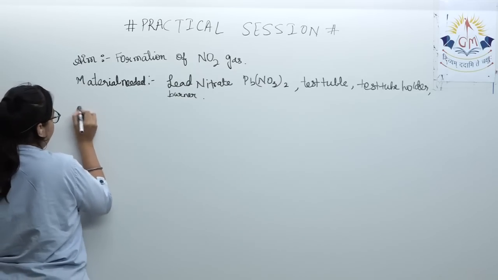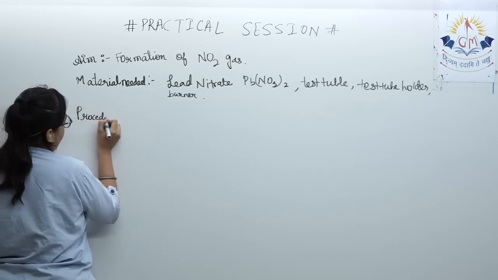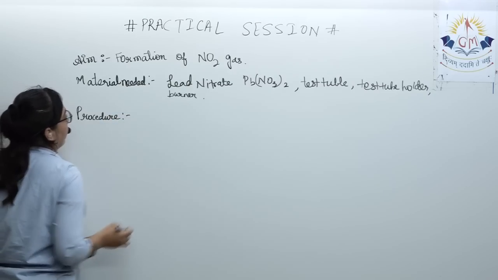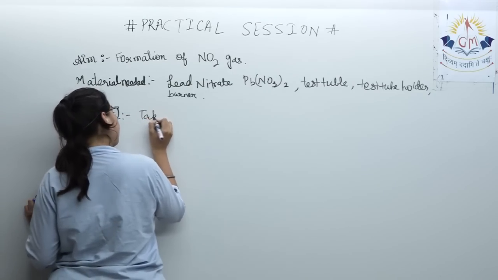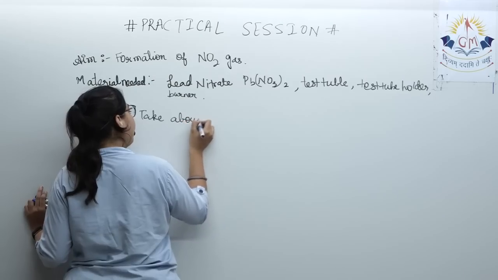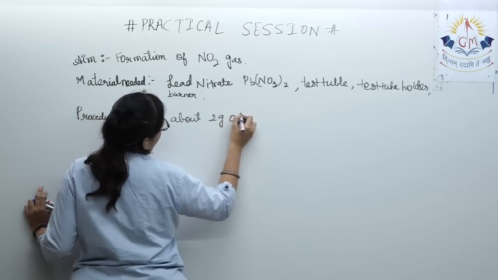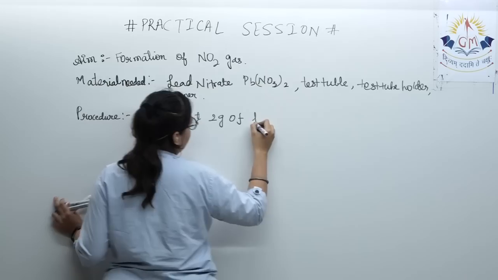Procedure: take about 2 gram of lead nitrate in a test tube.